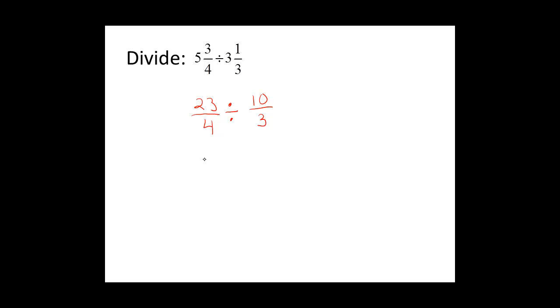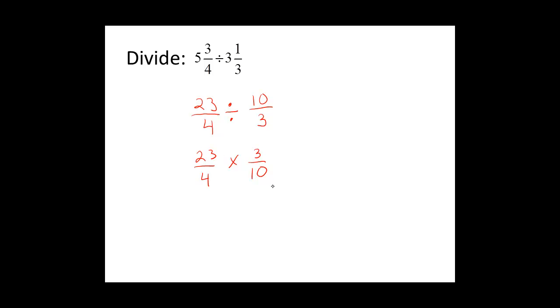Now we will change this division problem to a multiplication problem. We will keep the first fraction the same. We will change to multiplication and take the reciprocal of the second fraction. Let's see, is there anything we can divide out? Doesn't look like it. 23 is prime, 3 is prime, there's nothing divisible by 3. 4 is a 2 times a 2, and there's no 2's as factors in the numerator.